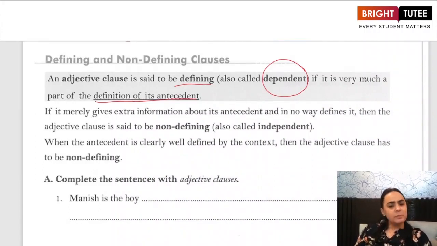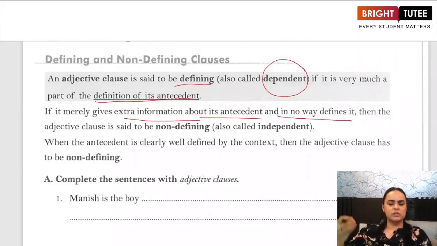And if it only gives extra information about its antecedent in a way which does not define it, just providing you with extra information and no definition is being given, then it is said to be non-defining or independent adjective clause.